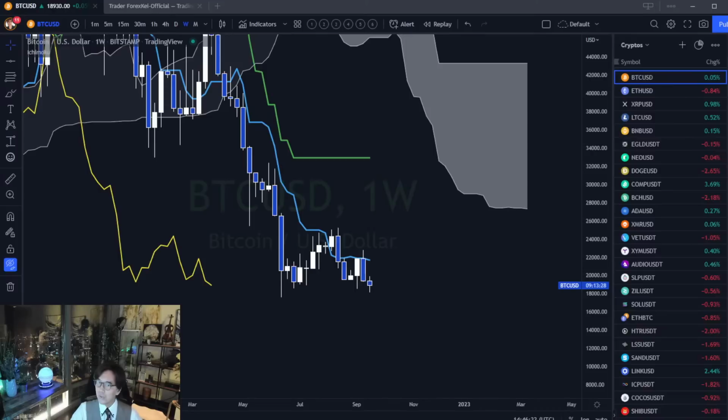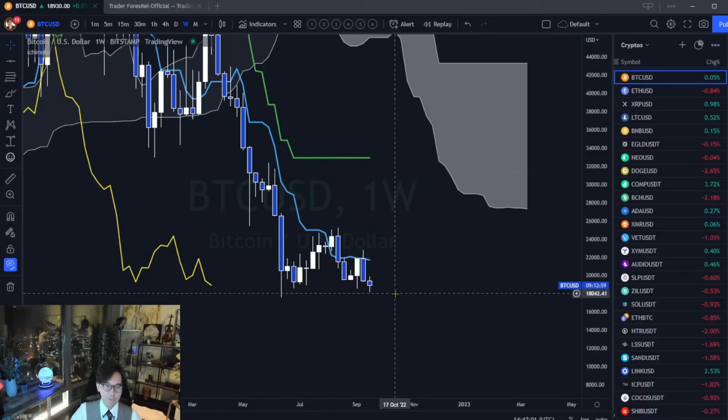And also this is a descending pennant. If you check this market since May this year, you see lower highs, and also the supports at the same level. This is called a descending pennant, which is the typical breakout setup.